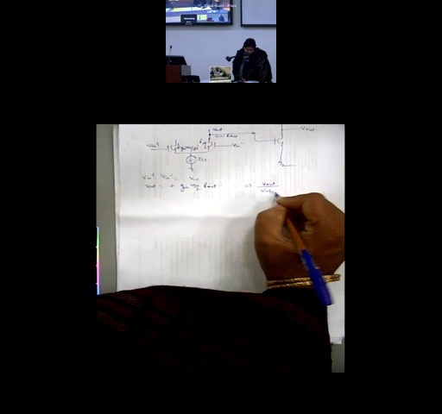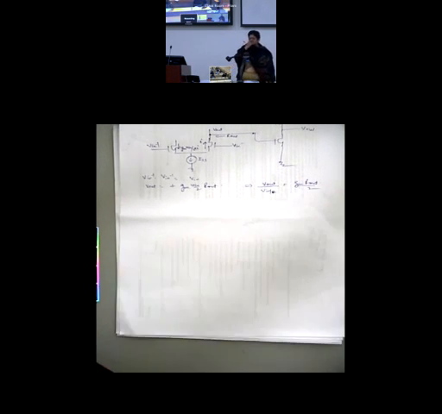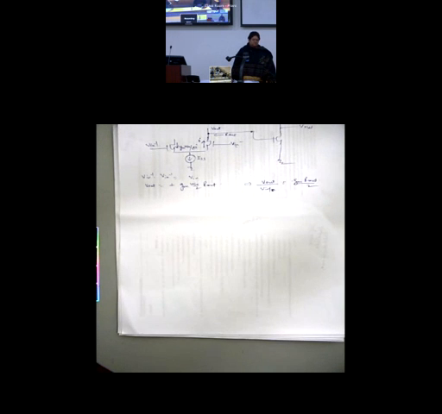Or simply Vout by Vin by 2 is equal to GM Rout. This will be my output, with positive polarity because the input is negative here, because input is minus.